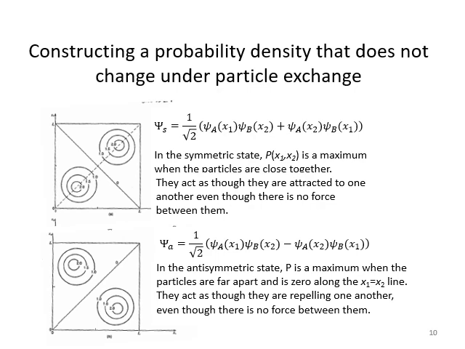Position of particle 1 is equal to the position of particle 2. That means that in the symmetric state, two quantum mechanical particles behave as though they're attracted to one another because they're along a line where x1 is equal to x2. There's no actual force between them, but if they're in the symmetric state, we observe them to behave as though they're attracted to one another.